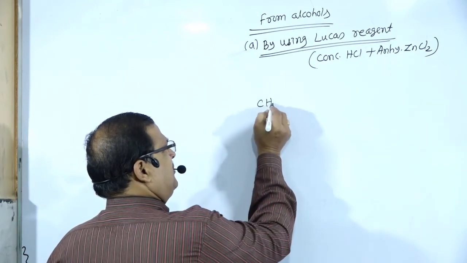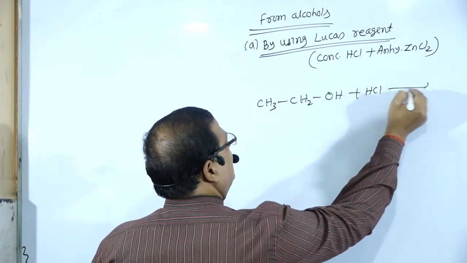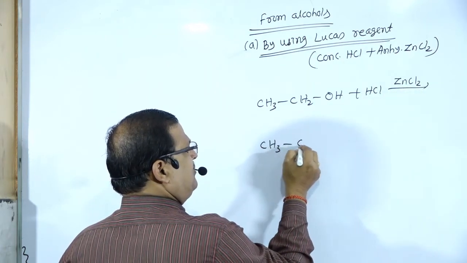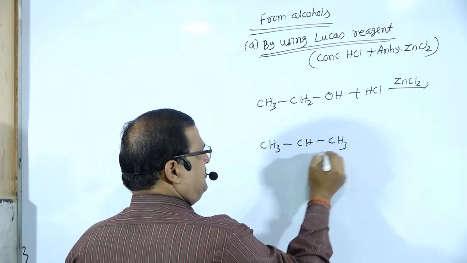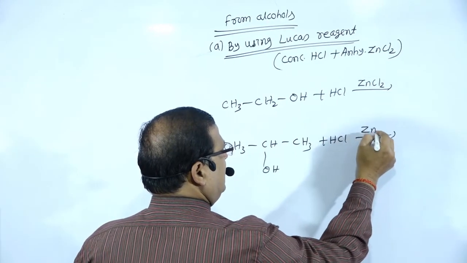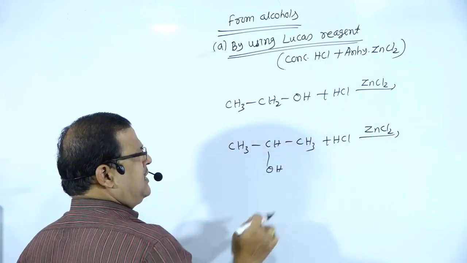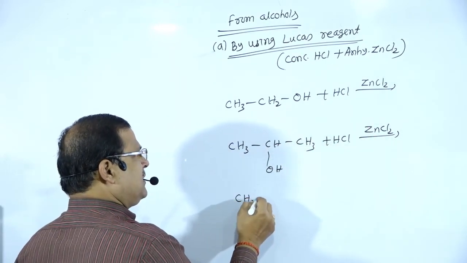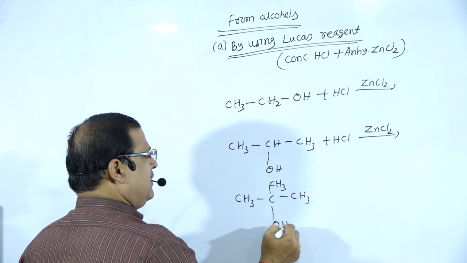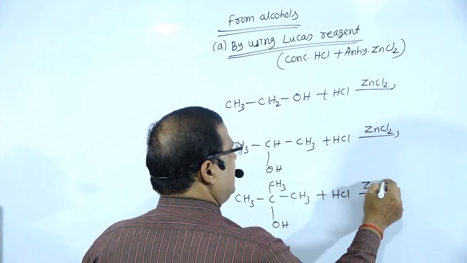Primary alcohol CH3CH2OH is treated with HCl in presence of anhydrous ZnCl2, or secondary alcohol CH3-CH(OH)-CH3 with concentrated HCl in presence of anhydrous ZnCl2, or you can take tertiary alcohol treated with concentrated HCl and anhydrous ZnCl2.